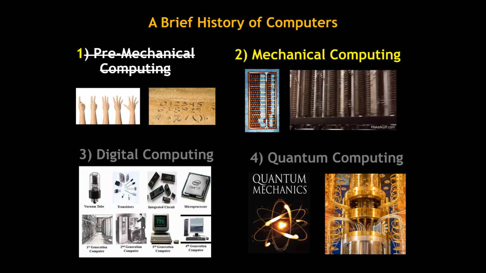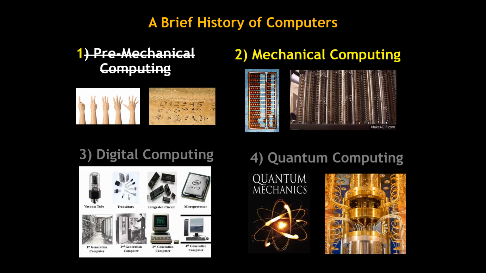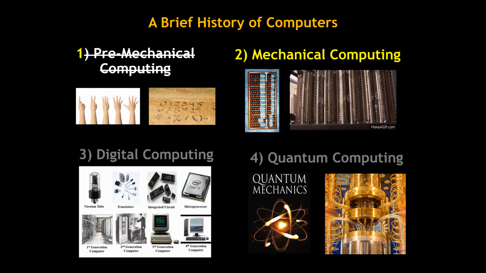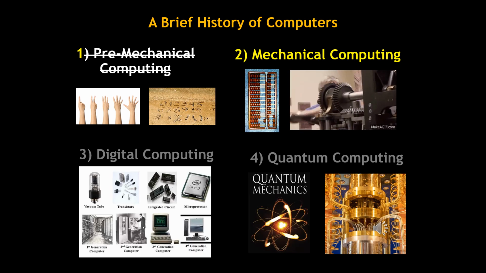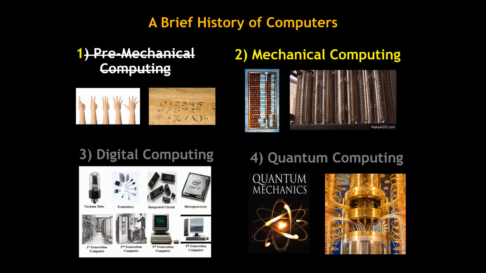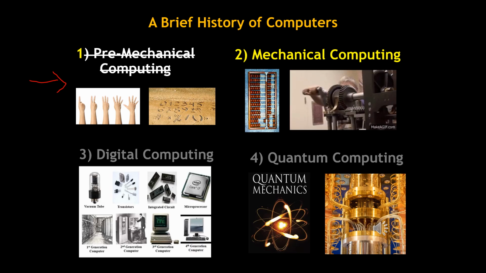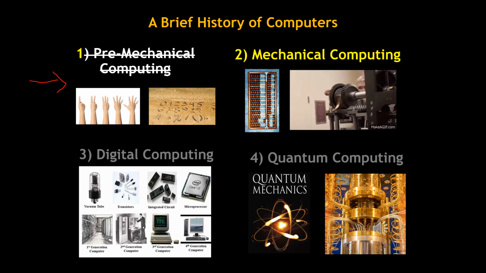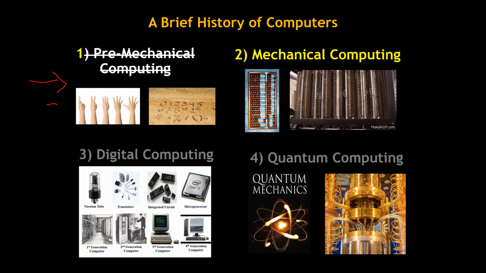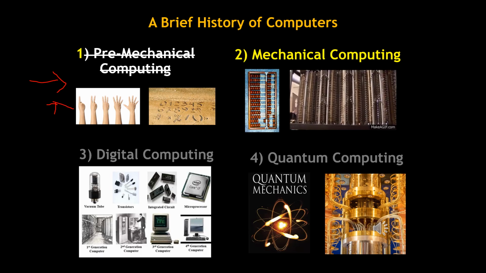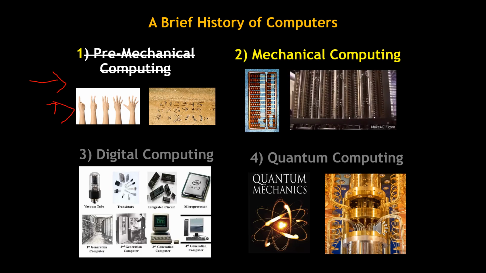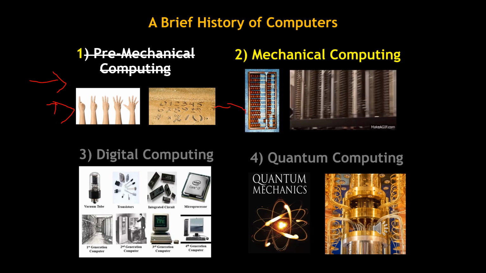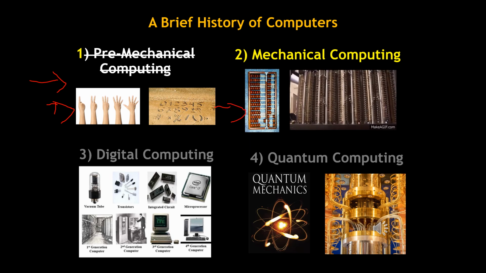Okay, I want to stop at this point in this presentation and start moving into the transition between mechanical computing and the digital computer, but we will do that in the next video. Just to remind you, we just finished in the first video the pre-mechanical era of computing. As you see in the videos, we used to count with our hands, we used bones or wrote things in caves in the beginning, and later we went to a transition where we used different devices, and I showed you multiple devices.